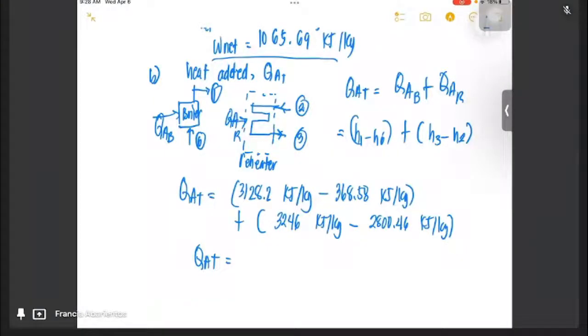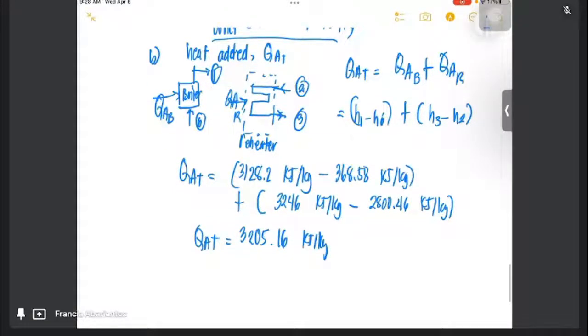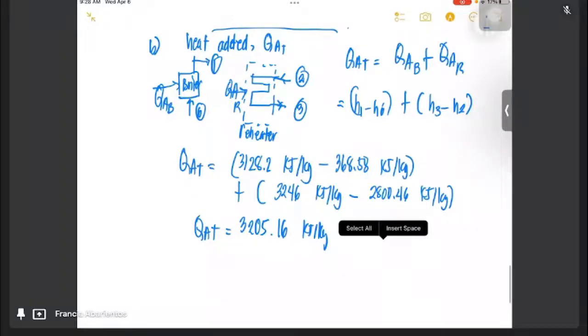So we have now 3205.16. The required in letter B is not the heat added but the thermal efficiency of the cycle.